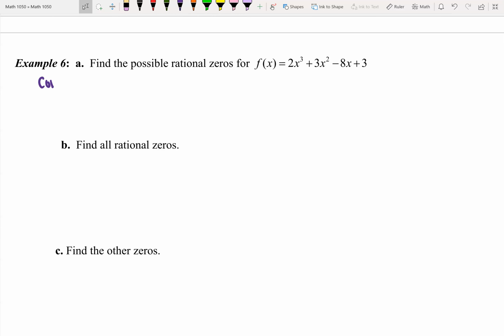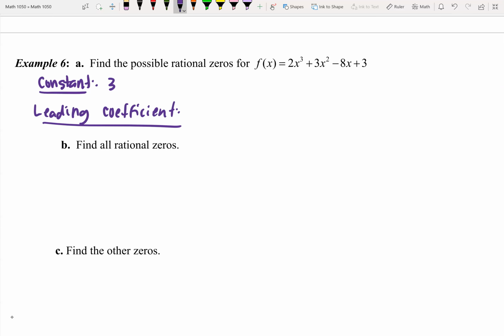Write down the word constant. The constant is the number that's in that equation that has no variable with it, so that would be a 3. And then I want you to write down the words leading coefficient. So do you see the biggest exponent is a 3? Do you see the coefficient in front of that, or the number in front of that?